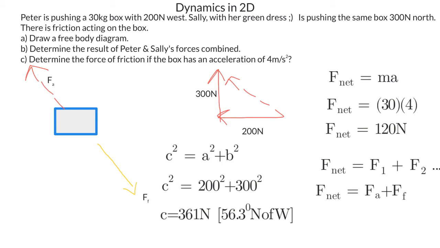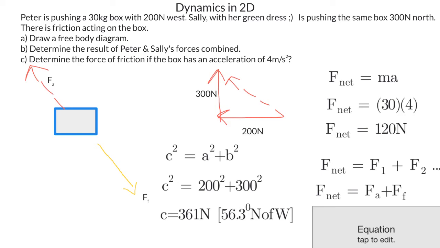And so from here, we can now put in the value of our F net, because we just figured that to be 120, and we can put in our applied force value.